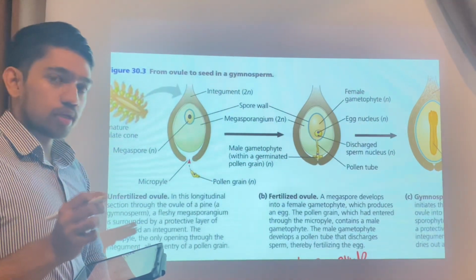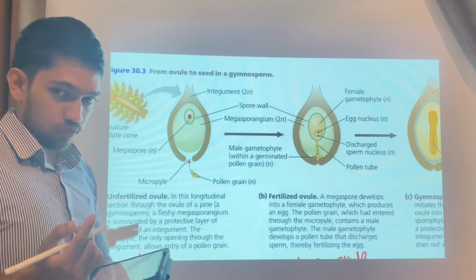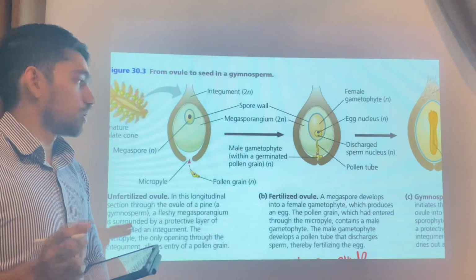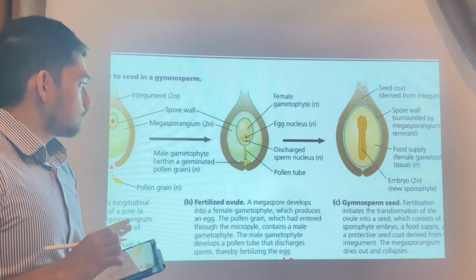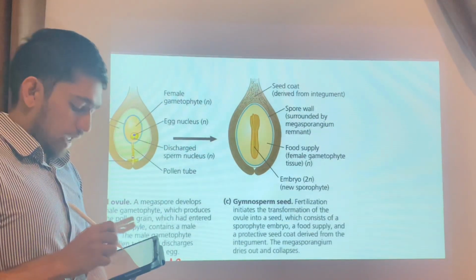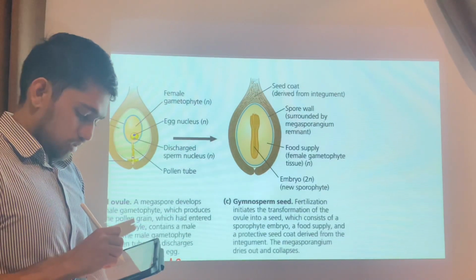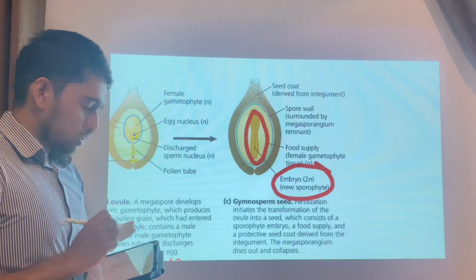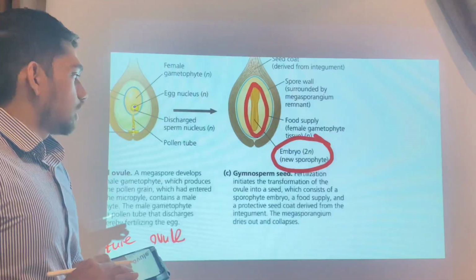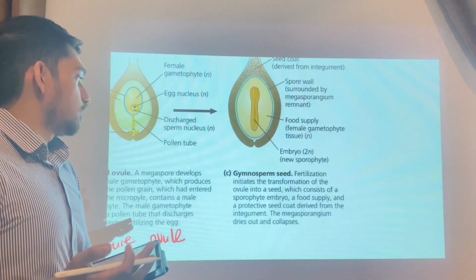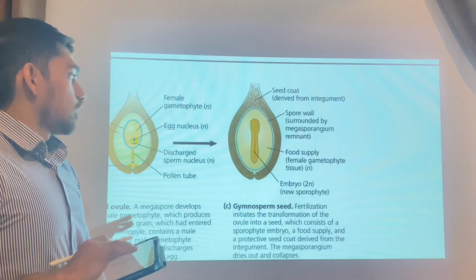The pollen grain will contain a male gametophyte that will produce a sperm. That sperm will fertilize this egg, and it will result in what we call an embryo. This is the embryo. So we consider it a mature seed, ready to be dispersed, if it has an embryo.